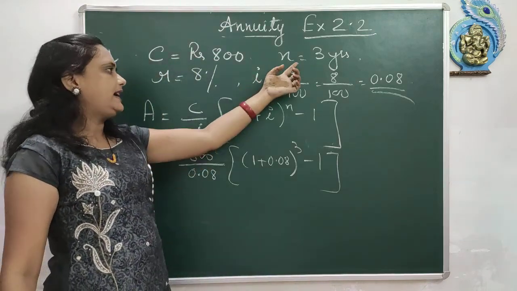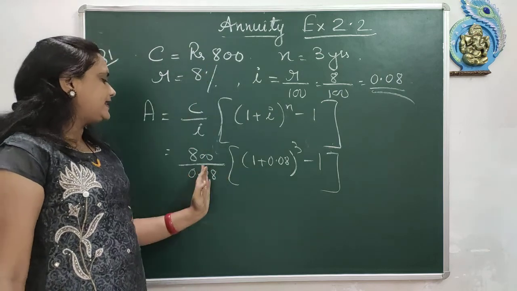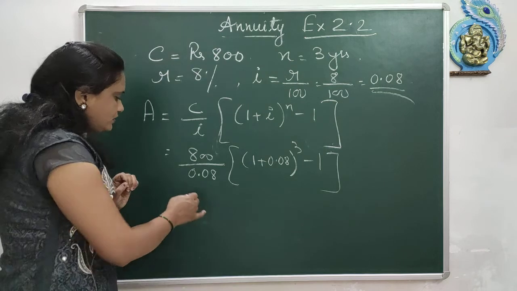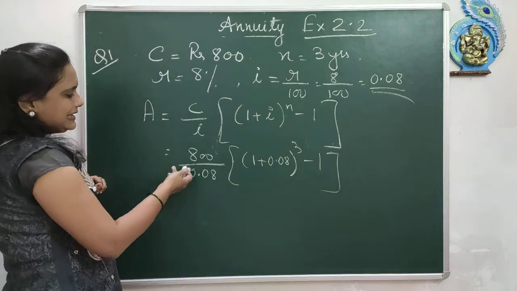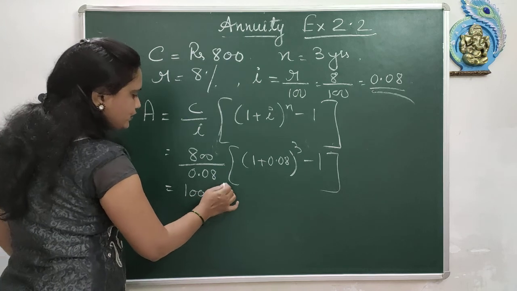Because n is given as 3, the 1 will remain as it is. Now just calculate it. 800 upon 0.08 will be 10,000.